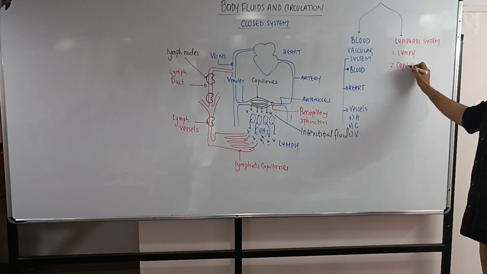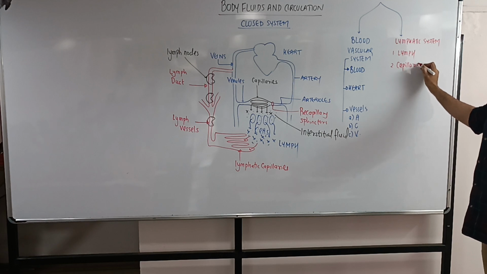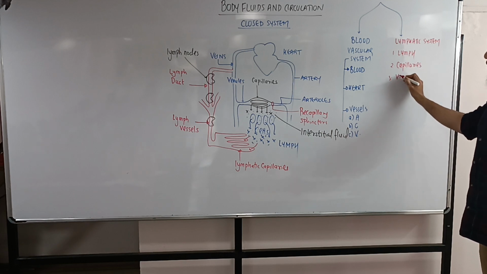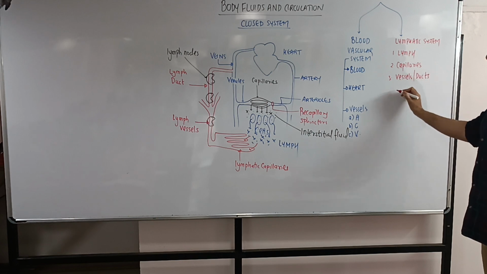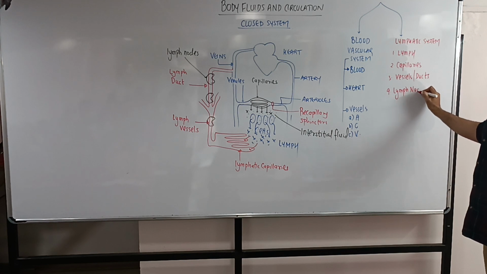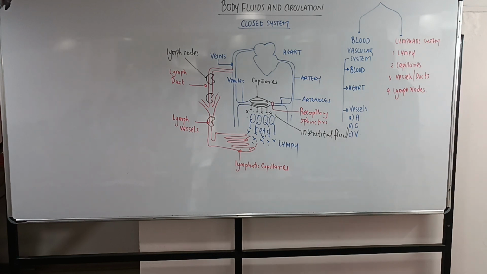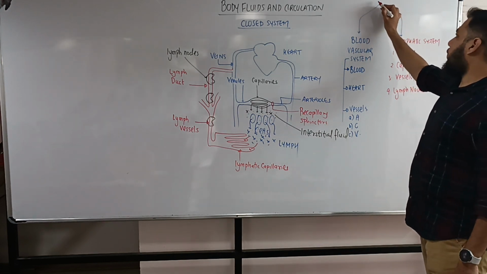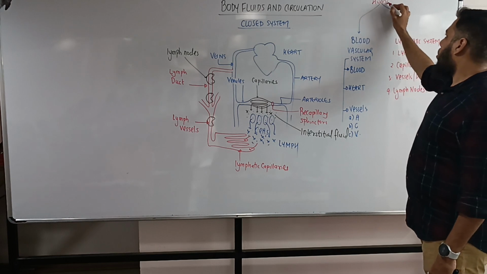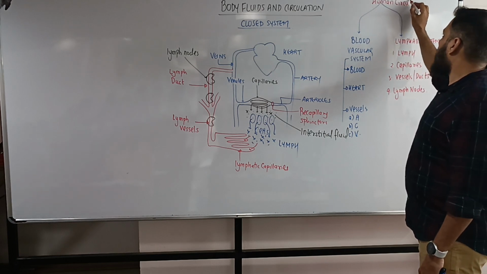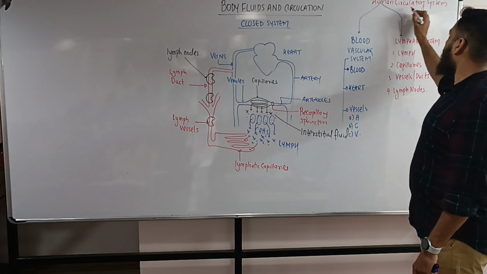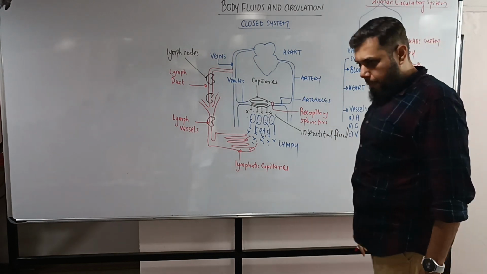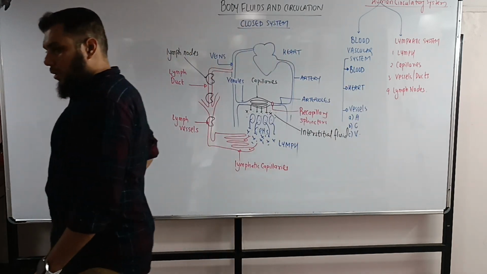Then we have the lymphatic capillaries, then the lymphatic vessels and the lymphatic ducts, and we see the presence of the lymph nodes. So this is an overview of the human circulatory system. Understood, everybody?